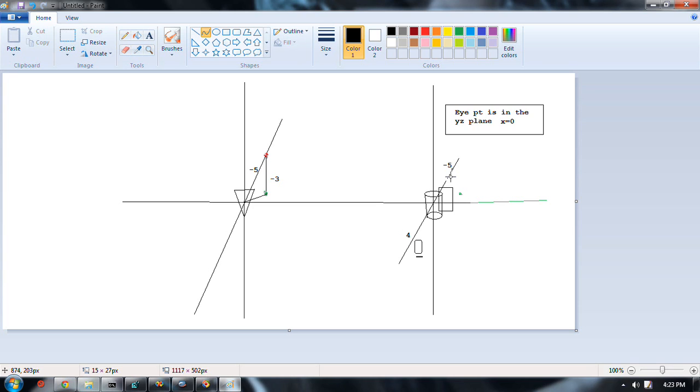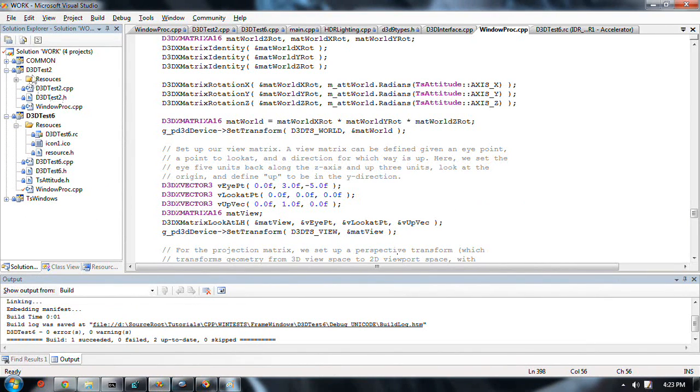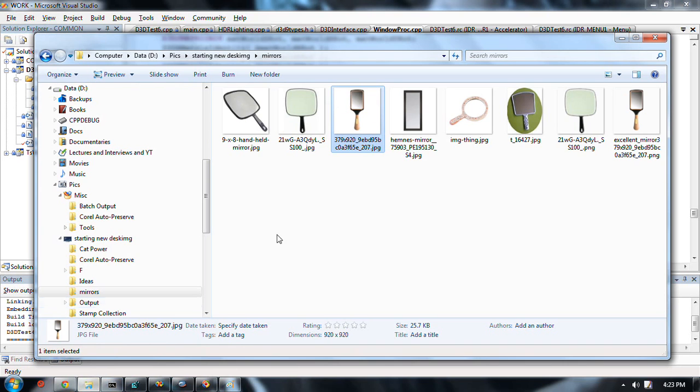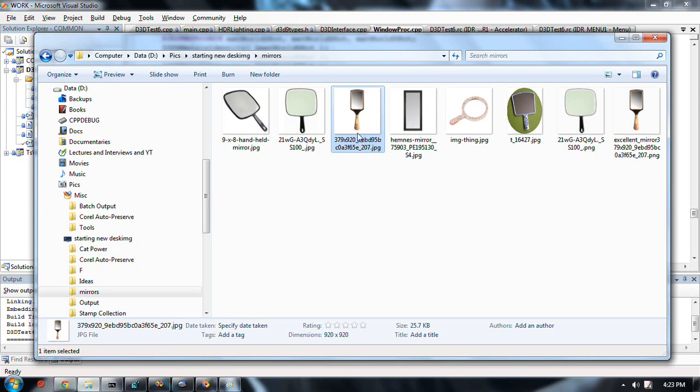So I did that. I chose a mirror. I called it a mirror, and I happen to have a bunch of pictures of mirrors. And now these are JPEGs.